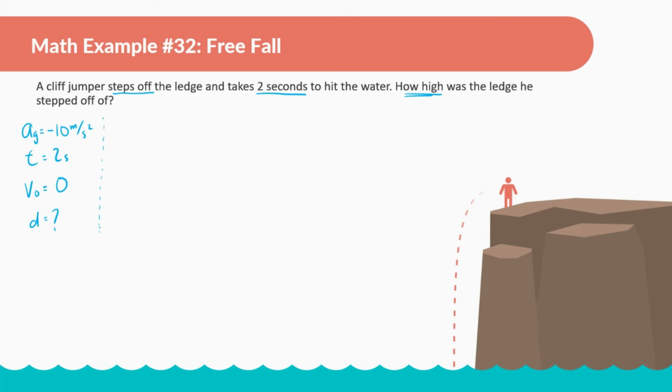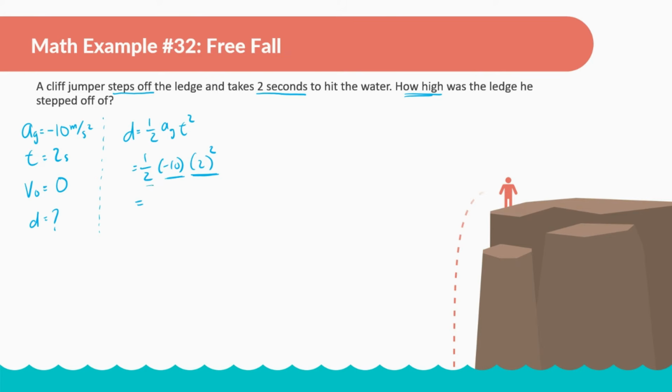All right, so now let's do the problem. We're looking at the distance formula for free fall: 1/2 acceleration of gravity times time squared. Let's figure this out. 1/2 acceleration of gravity is negative 10, and the time is 2 squared. I can do this in my head. 2 squared is equal to 4. 4 times 10 is equal to negative 40.